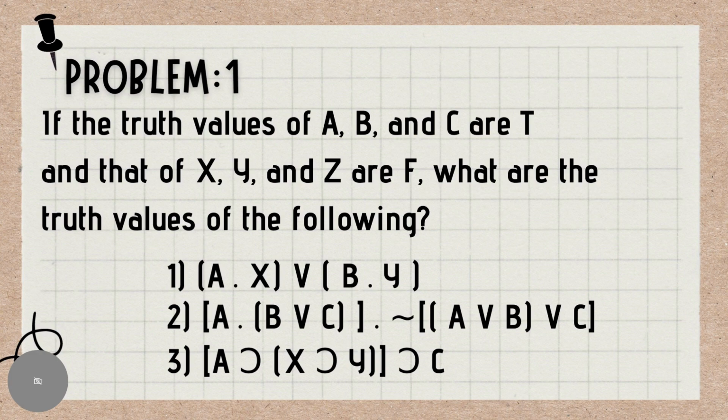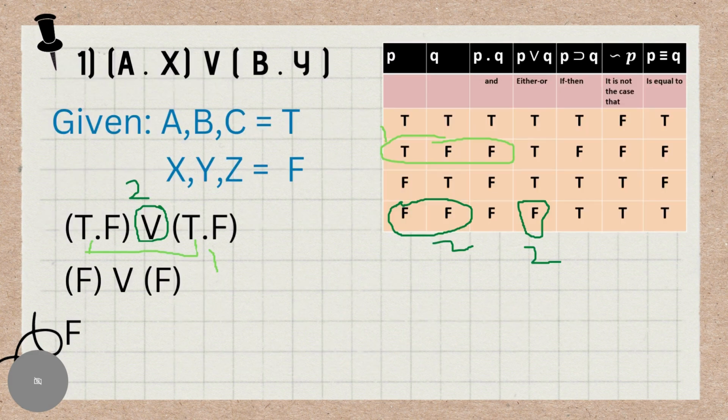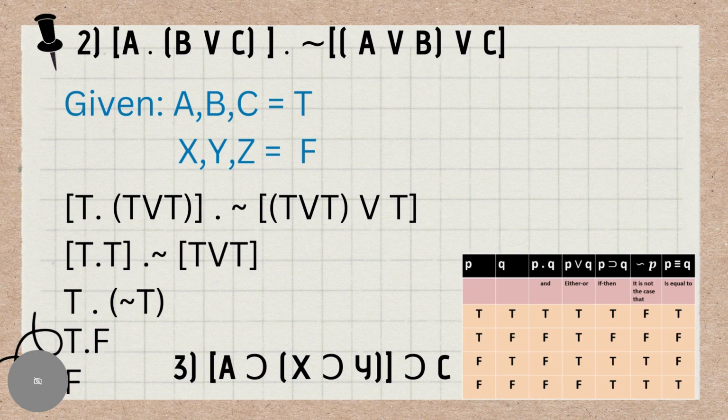In this problem, the second one we have is A conjunction B disjunction C, conjunction negation of A disjunction B, A disjunction B disjunction C. So let's see how to solve the second one. As usual, we will be taking the given from the question. So we will be representing ABC as true and XYZ as false, which is T and F respectively.